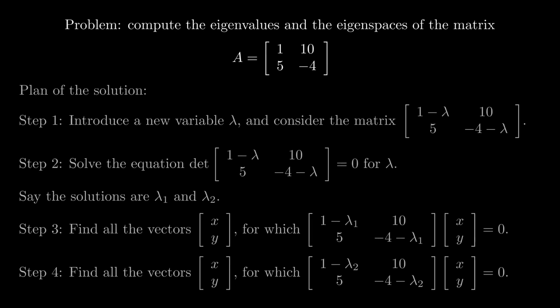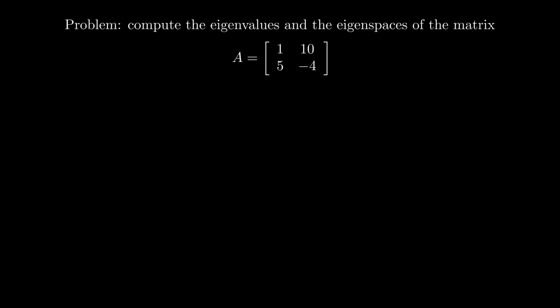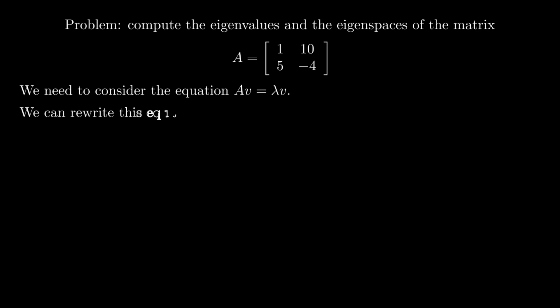When looking for eigenvalues and eigenvectors of a matrix, we are actually searching for vectors v which are scaled by the corresponding linear transformation. To do this, we need to consider the equation Av equals lambda v, where lambda is the scaling factor, and then look for the solutions to that equation. We can rewrite this equation.